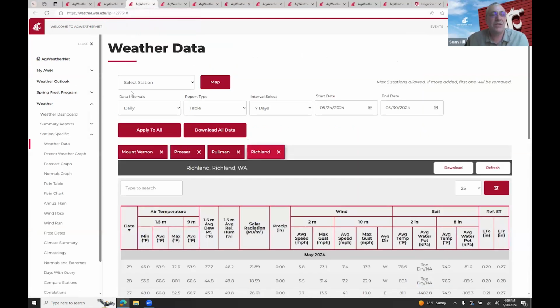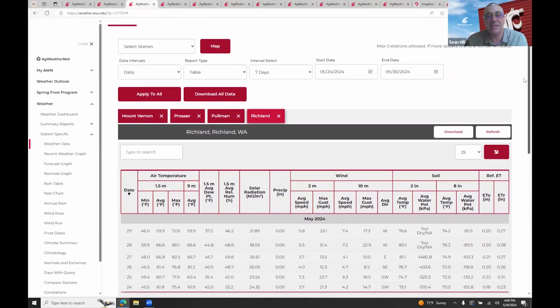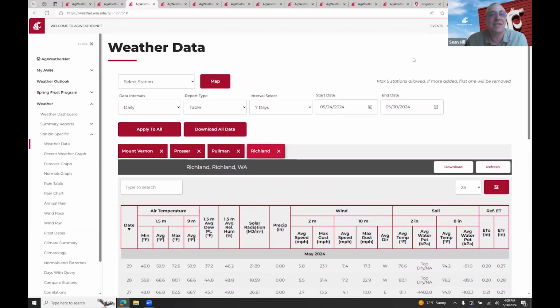So one good way with our page to keep an eye on your water use is our weather data page, which is linked directly to each of the weather stations. Our colleague Akash has done a great job of rebuilding a bit of this interface that you see.